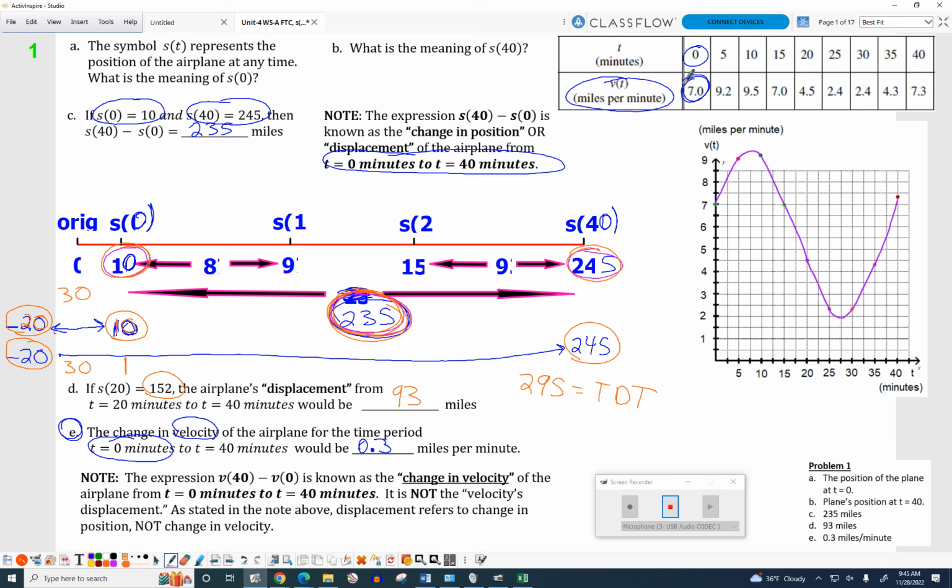And then we now investigate the velocity at time 40. We pay no attention to what the velocity was in between. So at time 40, the velocity is now 0.3 more than it was. So that change in the velocity is a positive 0.3.